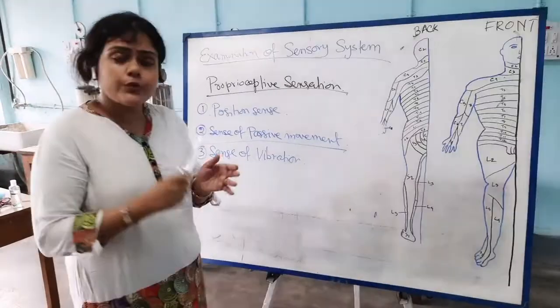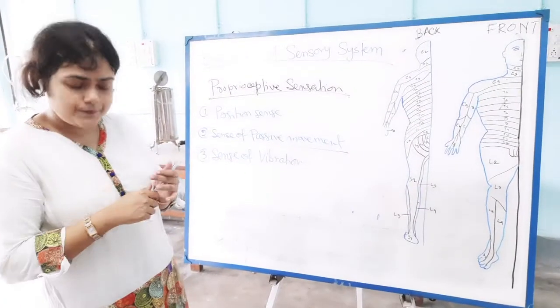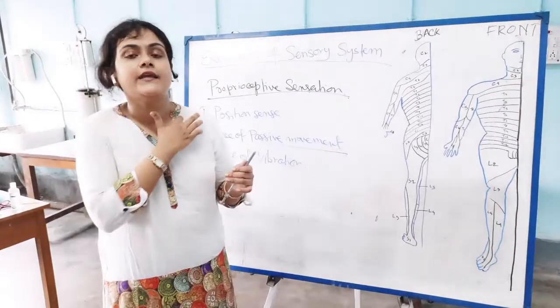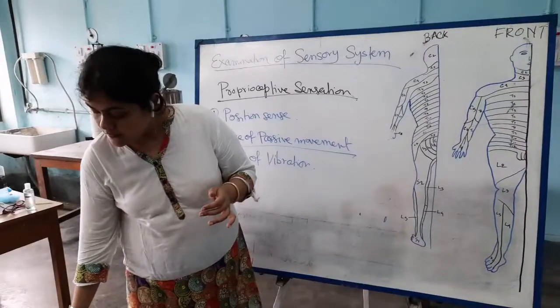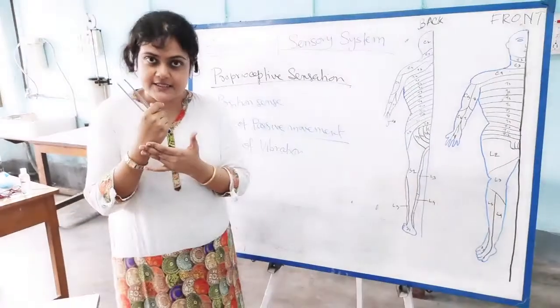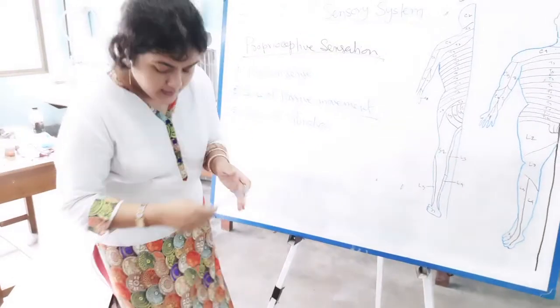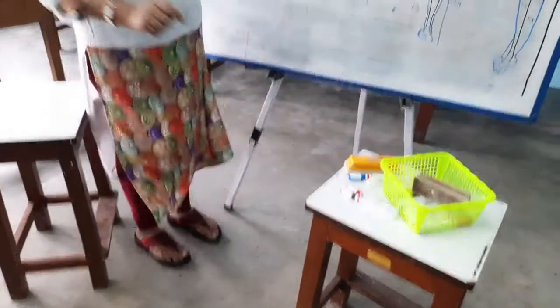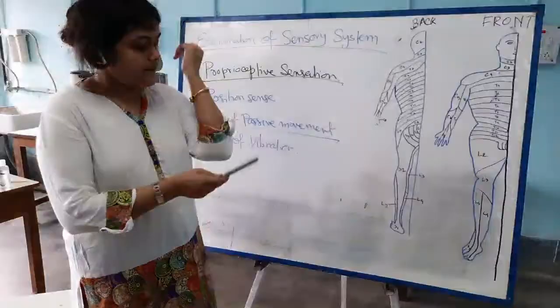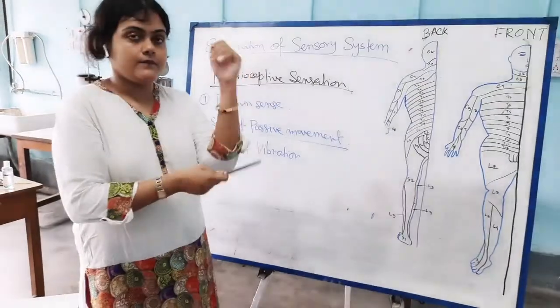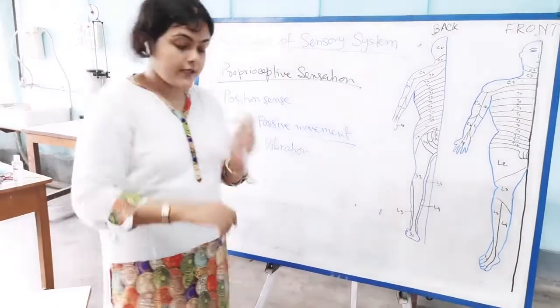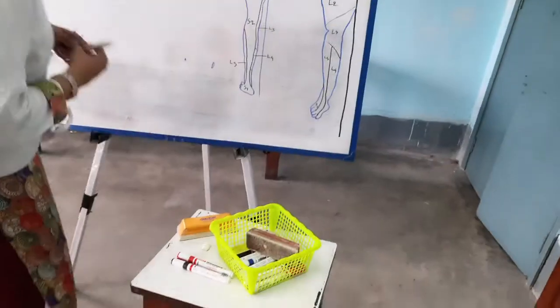Now do it bilaterally in different bony points of the patient, like the clavicle, lower end of the radius, olecranon process, medial malleolus. Always do it bilaterally. And what will be your question?